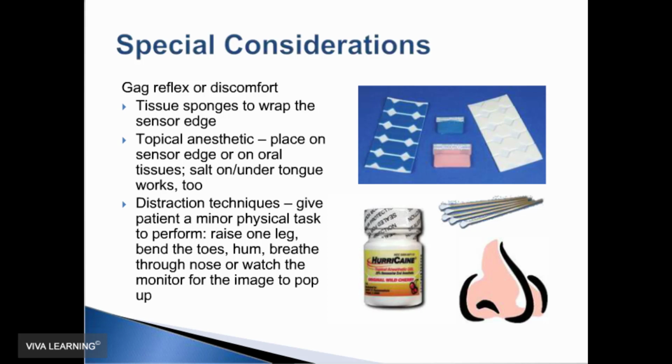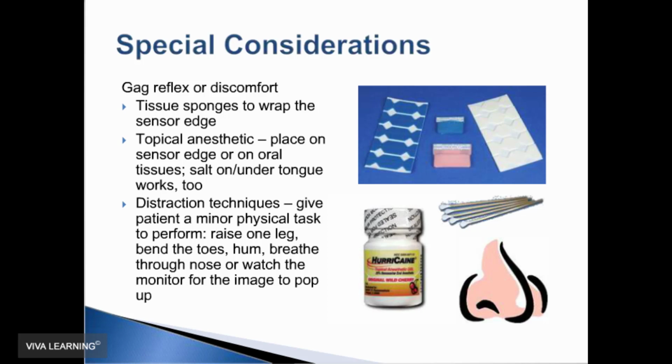Here are some examples of the tissue protectors that can be placed on the covered receptor, and there are also designs that can be used for digital receptors. These have an adhesive surface on the rear of them, and you can tag them right onto the barrier that's covering the receptor.